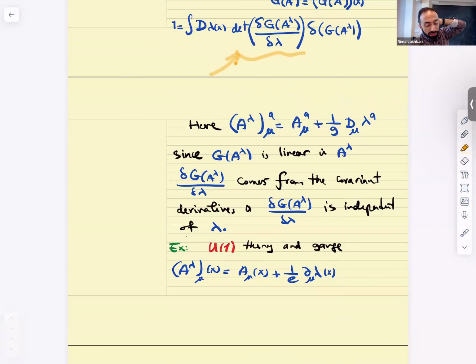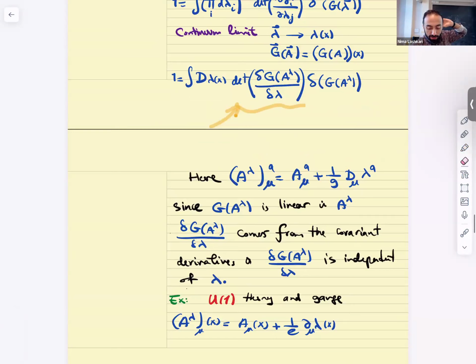Good. So what is del g of A-lambda over del lambda? Here's the expression for it, so I want to compute this. G of A-lambda is linear in A-lambda. Recall what it was? For instance, this was del mu of A mu minus omega equals 0.